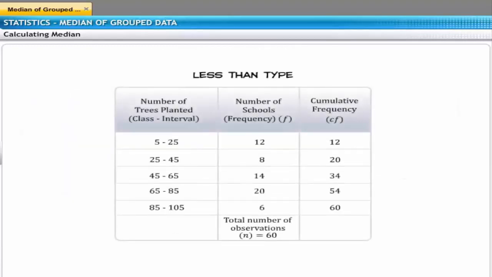Now, we'll use the cumulative frequency distribution of the less than type to find the median of the number of trees planted. The first step is to find half of the total number of observations. The total number of observations is given by the sum of all the frequencies and denoted by n.